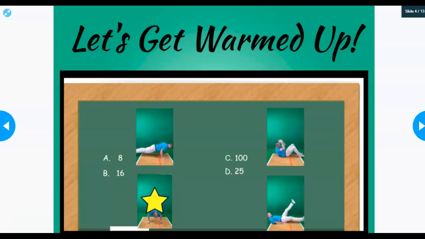Did you pick B, 16? If so, you're correct. If not, that's okay. At least we're getting a great workout in.